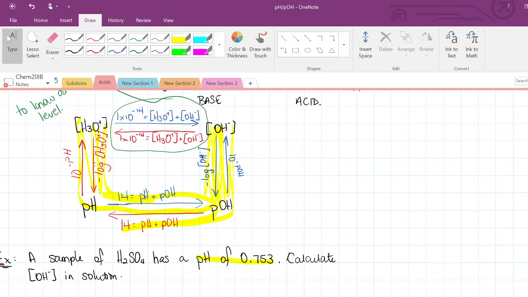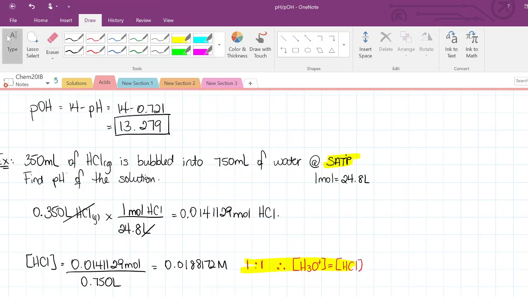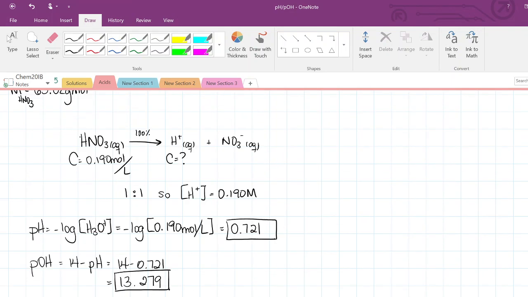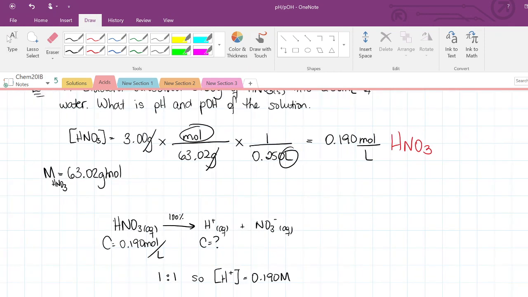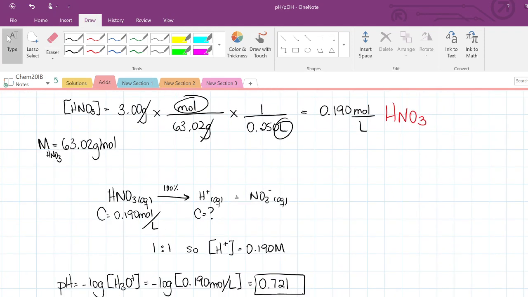In no spot here does it say anything about concentration of solution. So that's the second part that makes it slightly complex because you have to think back to our concentration of ions section from the previous unit.